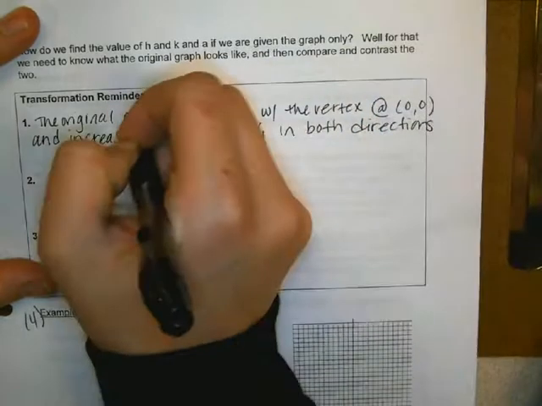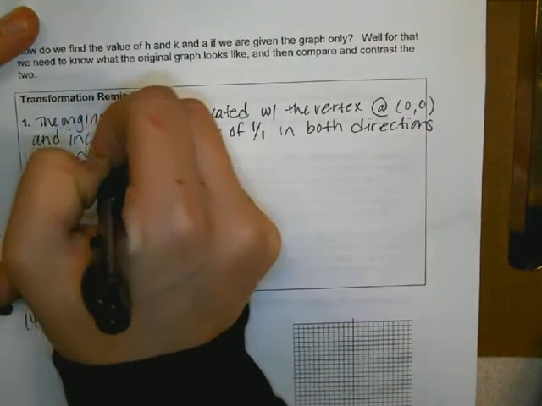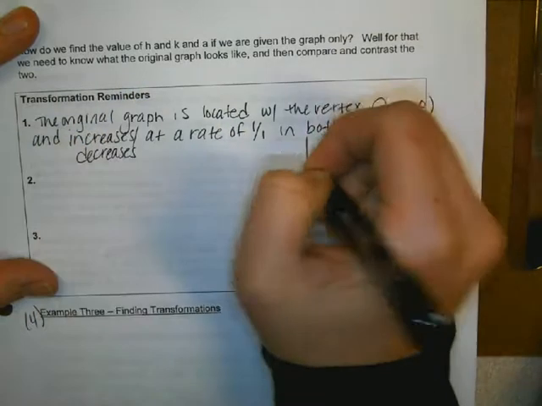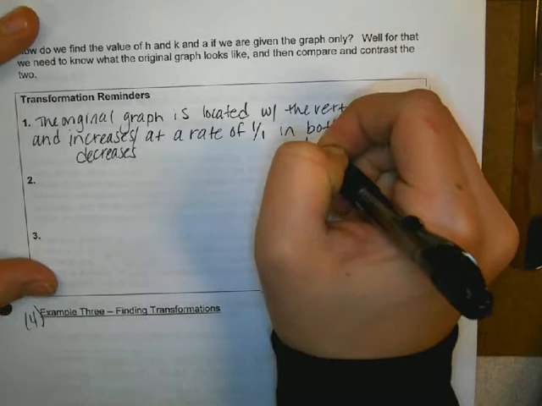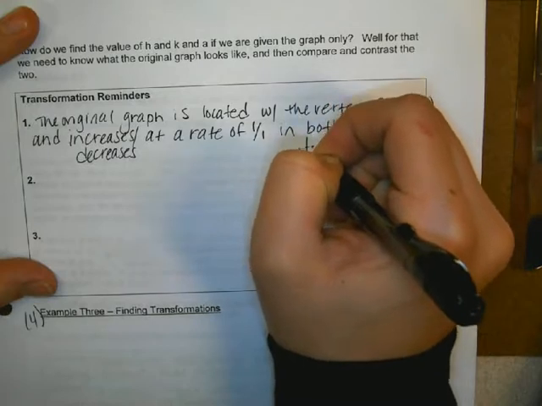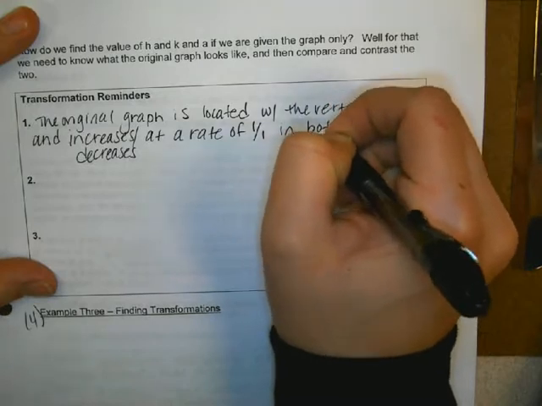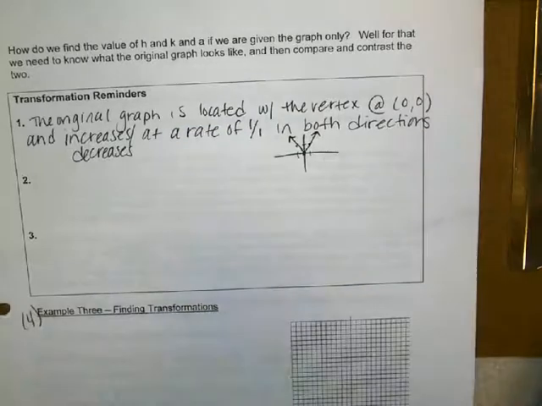So a sample little graph here would be: here's the vertex, it's increasing and decreasing at a rate of 1 over 1. Okay, there's my original graph.